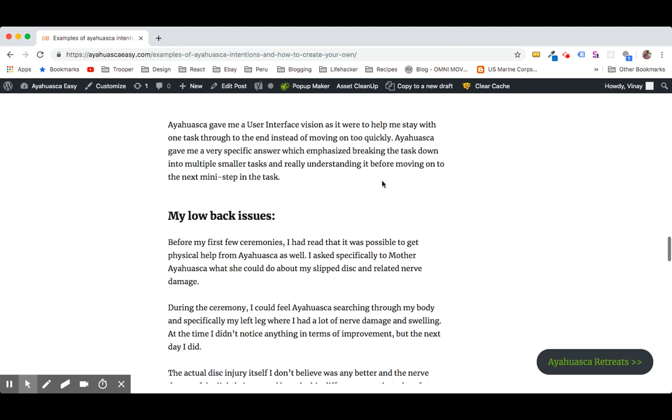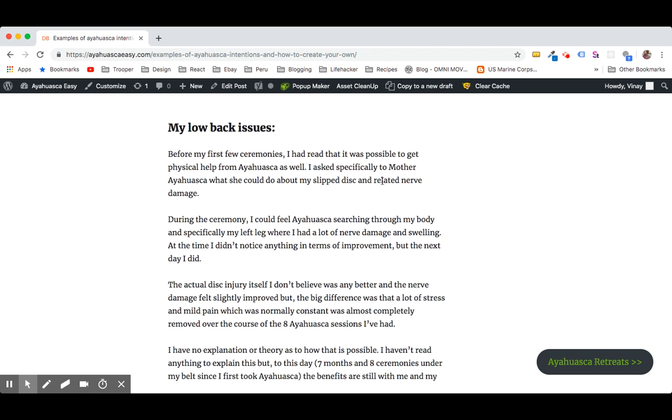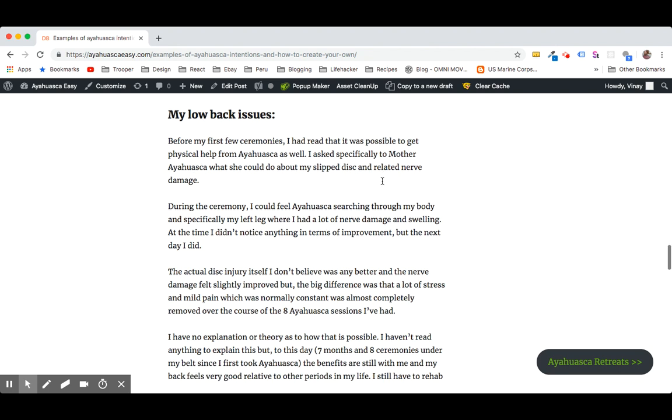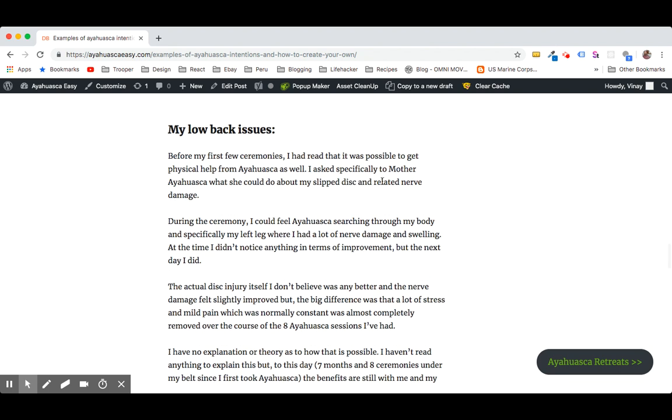The fourth one was low back issues. I've actually got a spinal injury. It's a disc injury, which is pretty severe. I still have numbness from it, even though it happened several years ago.